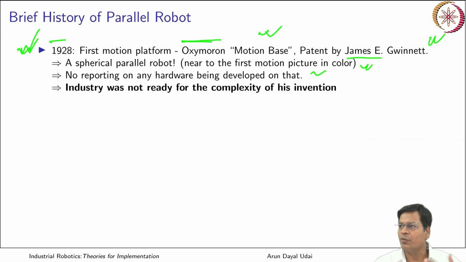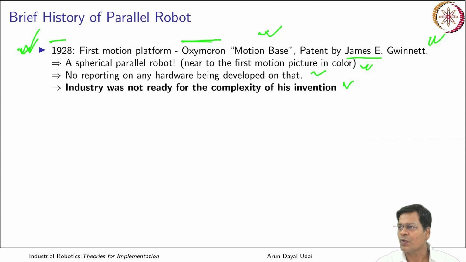So industry was not ready to handle this complexity mathematically, and the computational power of the computers that existed in those days was not that good, okay. So yes, this invention was on hold for quite a long time.